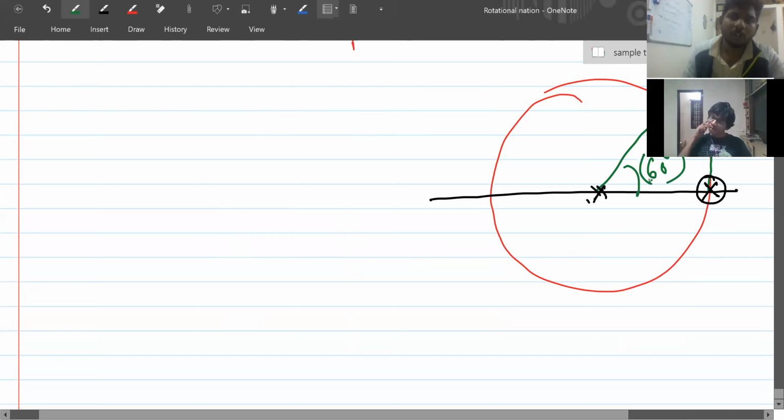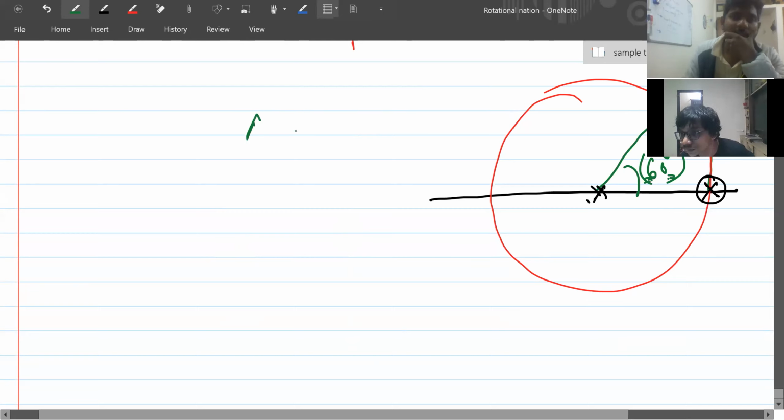Now, initially, suppose a particle is here like this, at the extreme position. Now, if this particle travels with omega and has reached an angle of 60 degrees, what is the phase of this particle now? It is 60 degrees. What will you write?